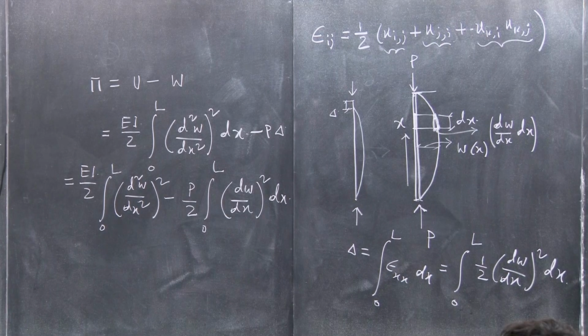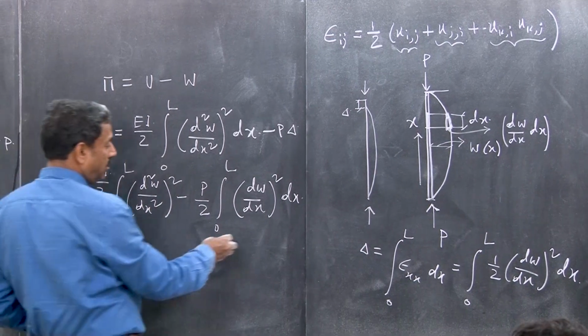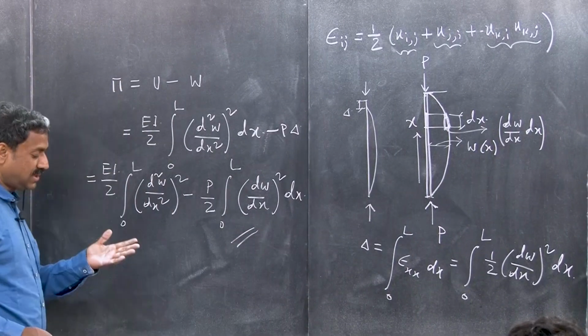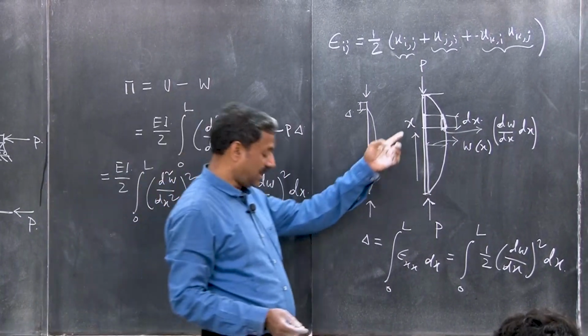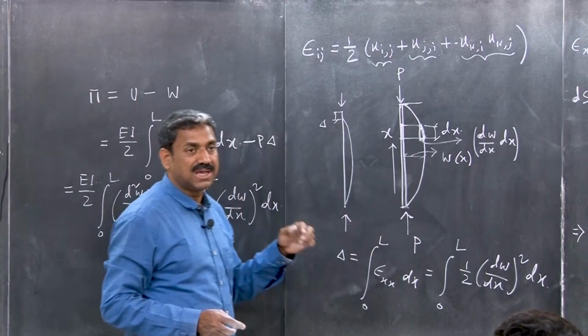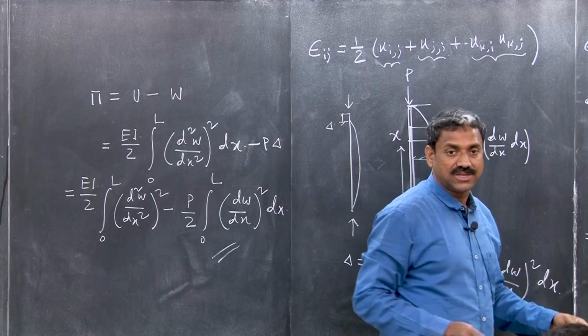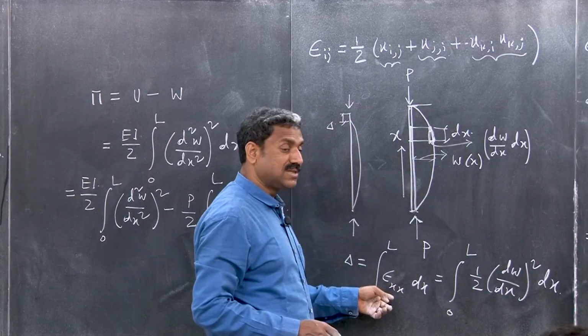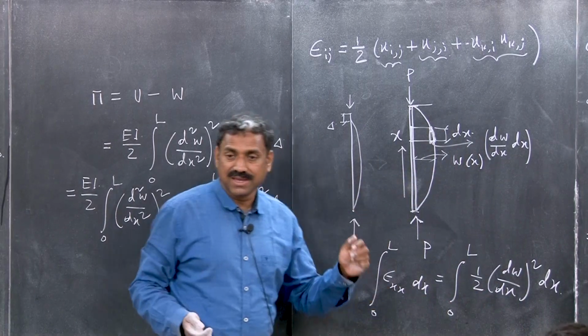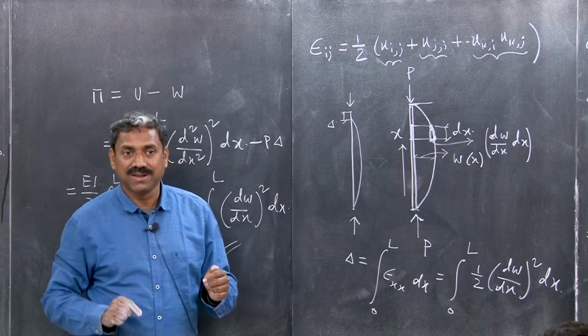For the beam column, other than bending, there will always be a component from the work done by the axial force, and that axial deformation is obtained by integrating the von Karman nonlinear strain. So it is basically axial strain due to out of plane deformation.